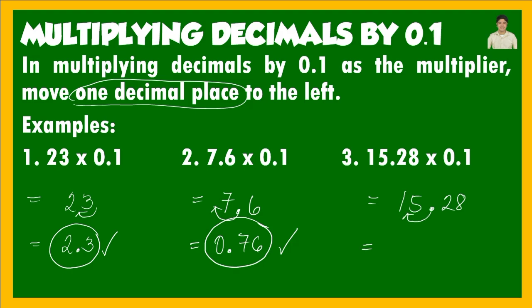So, our final answer is 1.528 or 1 and 528 thousandths. So, yan lang po ang pag-multiply ng decimals by 0.1. Move 1 decimal place to the left dun sa kanyang multiplicand. Tandaan natin yung 0.1, yun po yung ating multiplier.